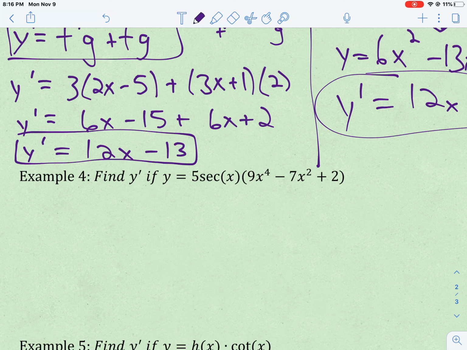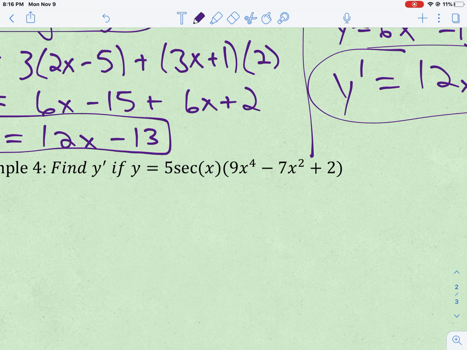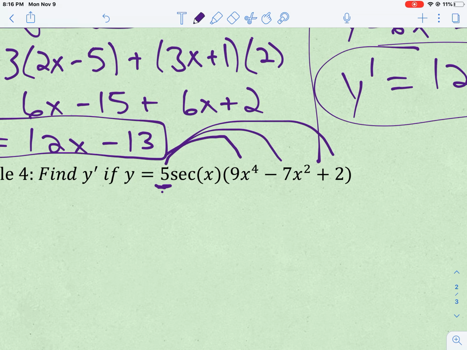So find y prime if y equals 5 times the secant of x times 9x to the 4th minus 7x squared plus 2. So a few tricks, right? Number 1, this 5, remember, it doesn't matter what order you multiply in. So I can multiply this 5, right, by this, and by this, okay?